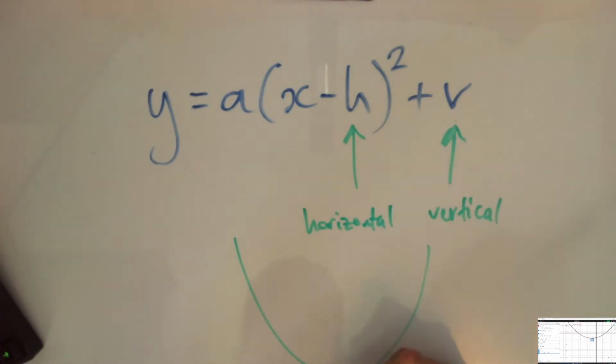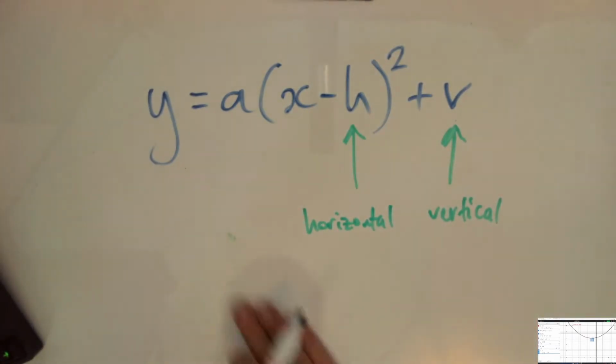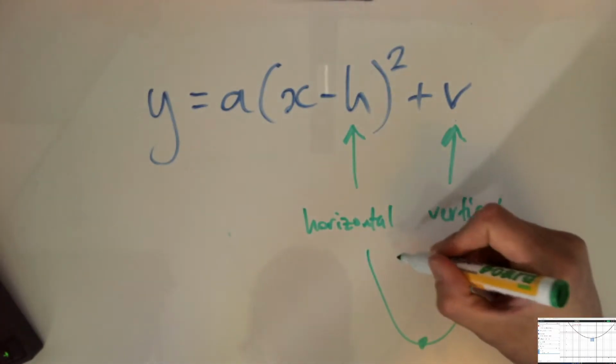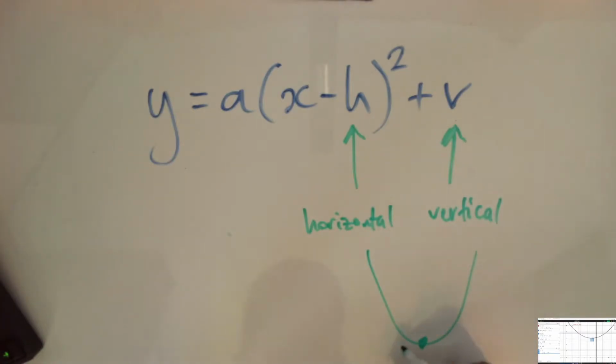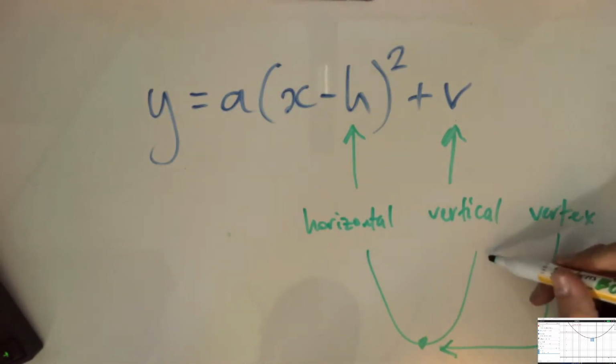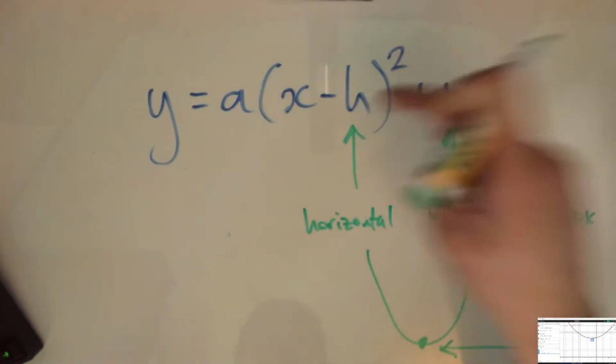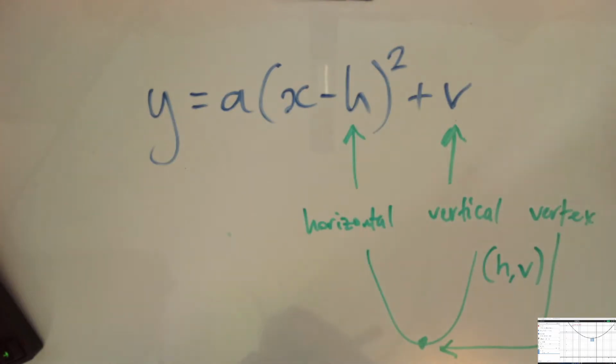It tells us this point here. And that horizontal and vertical shift is all about the vertex of the parabola. So the vertex is going to have h for its horizontal shift and v for its vertical shift. So that is actually the coordinate (h, v), and we can fill that in straight away.